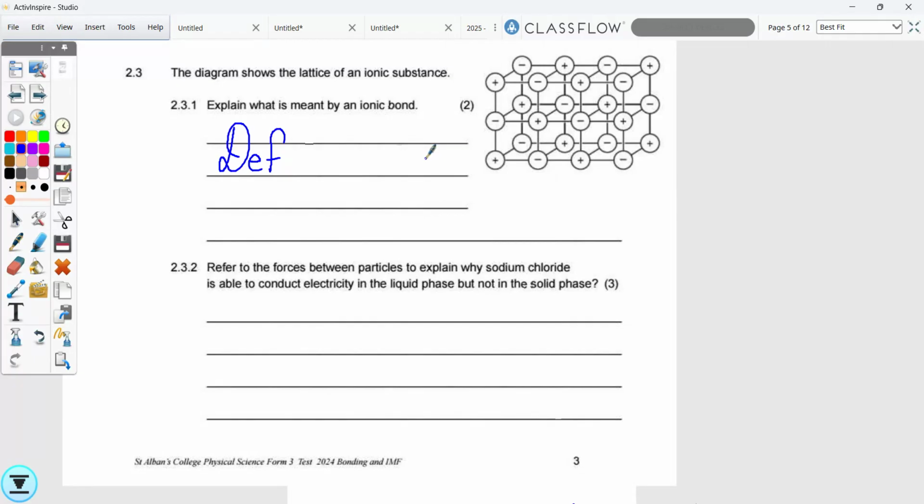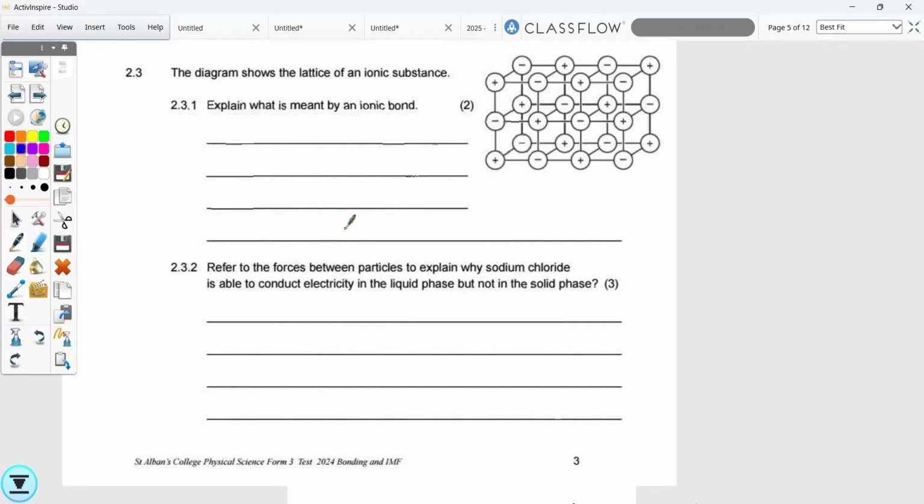So please go and learn your definitions. Guys, it's 2 free marks, but it's only free if you know it. You don't want to leave out the force. Okay, so that's our definition.